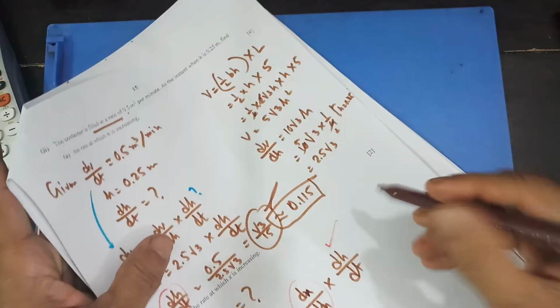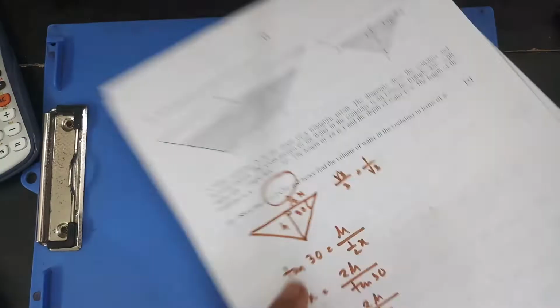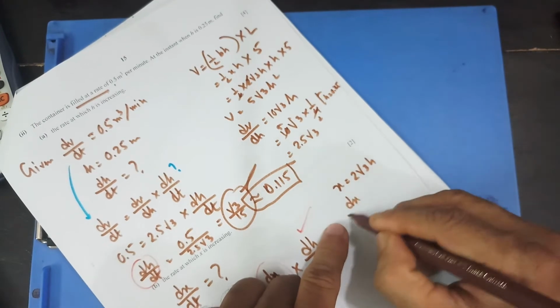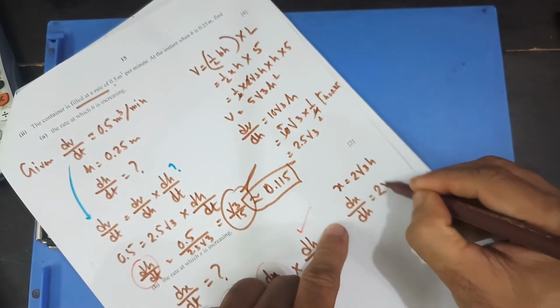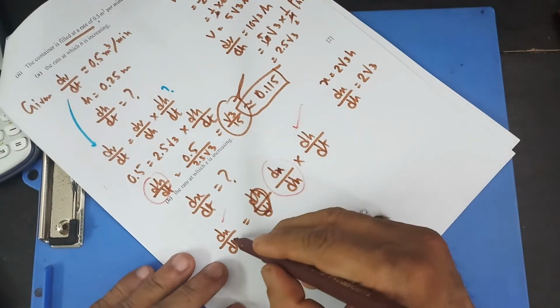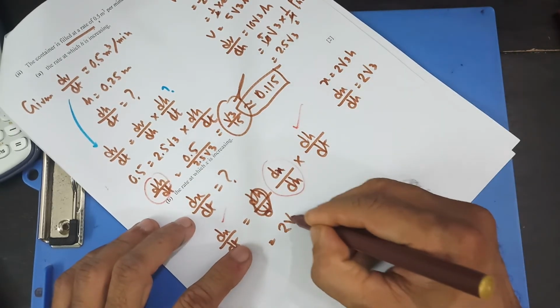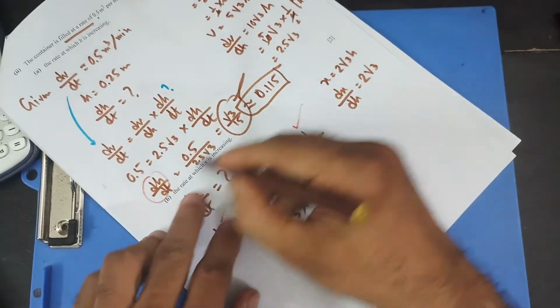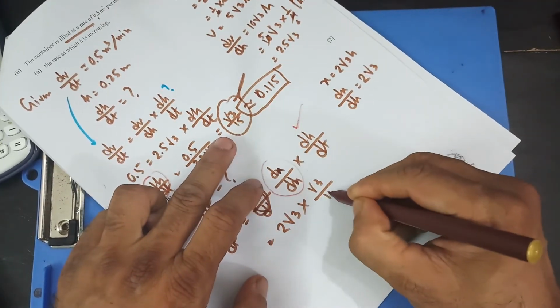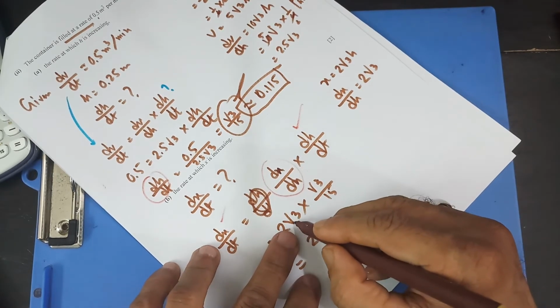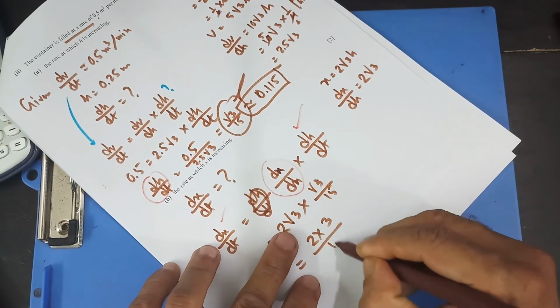Given X equals 2 root 3 H, we can do dX/dH equals 2 root 3. So in dX/dt, dX/dH is 2 root 3 and dH/dt is root 3 over 15. Multiplying these, root 3 squared means 3, divided by 15.